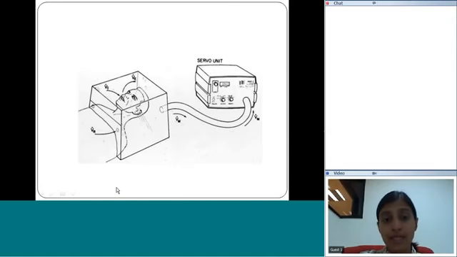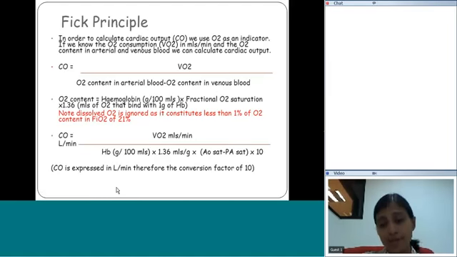So there are tables available, and I'll show you the tables in a couple of slides, which give you the oxygen consumption for a particular age, for a particular sex, and at a certain heart rate. So these are the main variables that affect oxygen consumption. So it's the age, the sex, and the heart rate. So we have some broad tables that will help us, and this has to be indexed to body surface area.